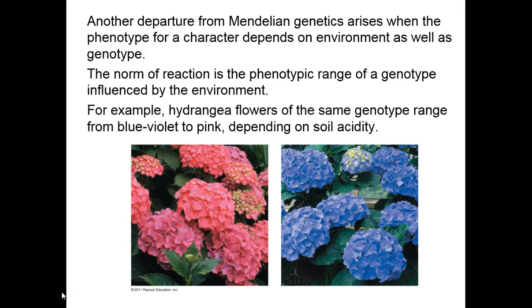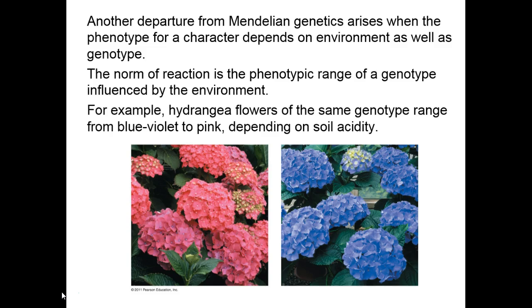And then the other thing with regard to a departure from Mendelian genetics can arise with environment. Mendel didn't take environment into effect at all in any of his studies, but he had enough on his plate, so there you go. But environment can affect the severity of some of the genetic inheritance that we have.